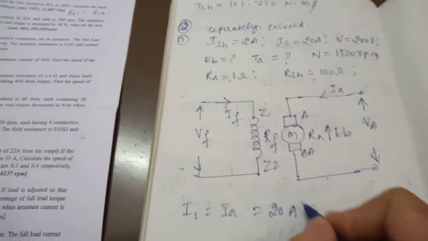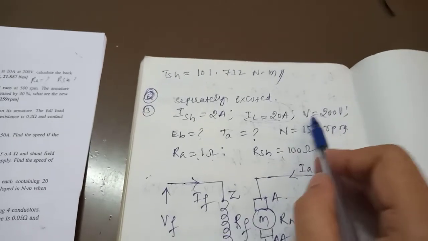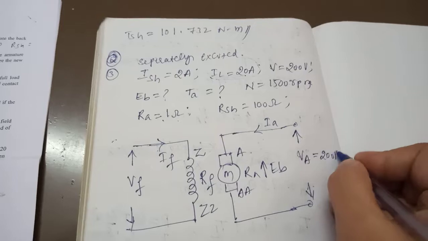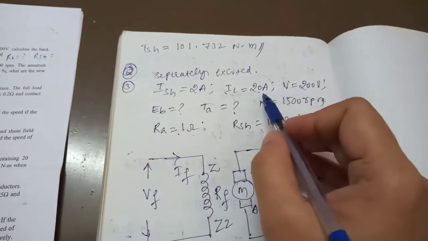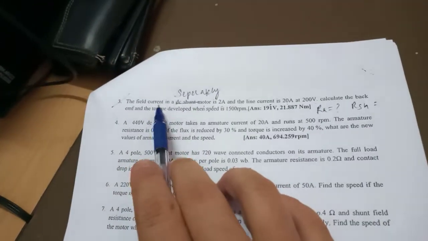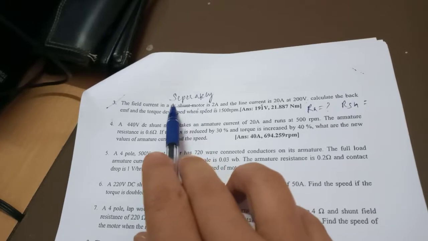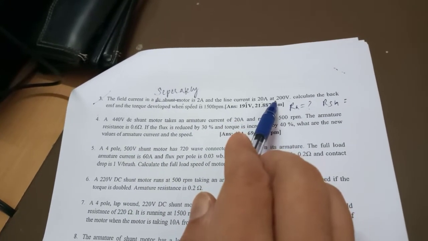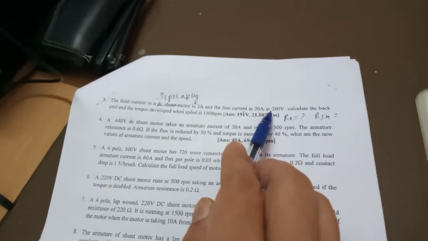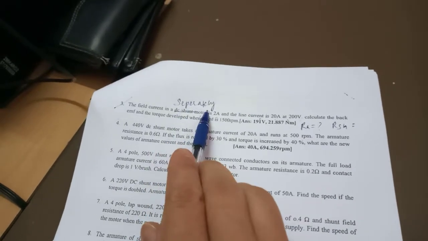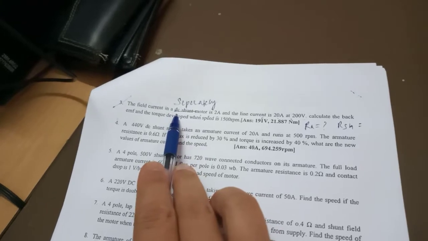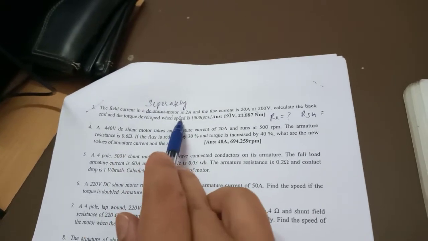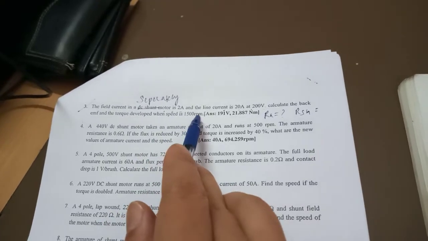Next, what else they have given? V is equal to 200 volt. So VA is equal to 200 volts. But in this problem, assuming this as a shunt motor, they have given 200 volt as the terminal voltage or the supply voltage. But if I take separately excited, then they have to give the field voltage also, say Vf is equal to 220 volt.